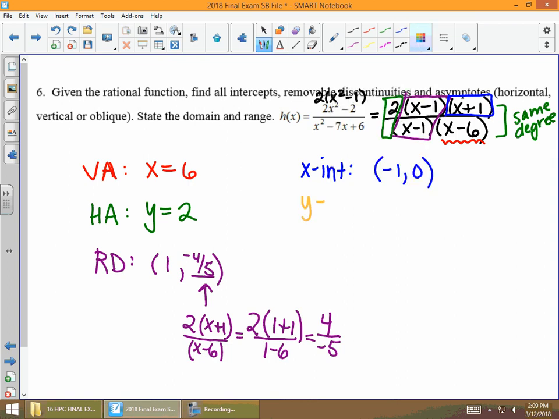Y-intercepts. We actually need to find our y-intercept this time. If you have this already put in your calculator, you can go to your table. You can also just hit trace. And usually, if you haven't messed with any of your settings, if you hit trace on the 84 on your graphing screen, your calculator will pull up the y-intercept first. You can also get the y-intercept by putting 0 in for x.